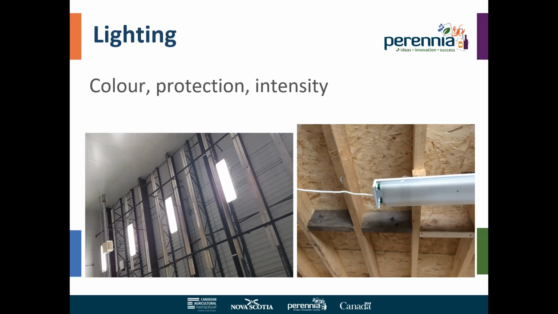So when you're looking at your lettuce or whatever other fruits or vegetables you may be handling, are you seeing the true color of that product? Is your lighting protected? So do you have protective screens or shades on those? And then things to keep in mind, the lux readings. So what we mean by lux readings, those are the intensity of the lighting.